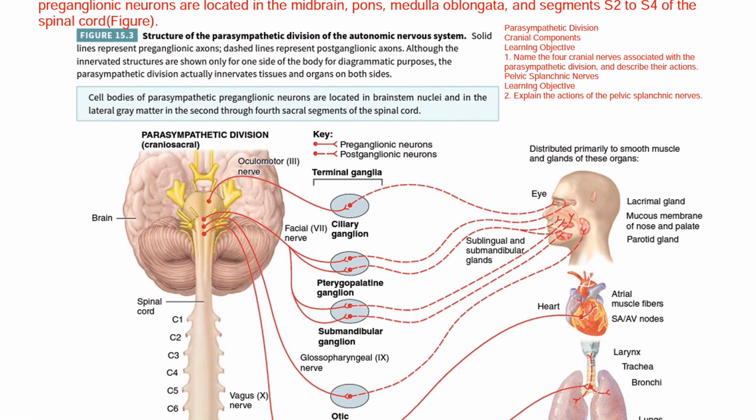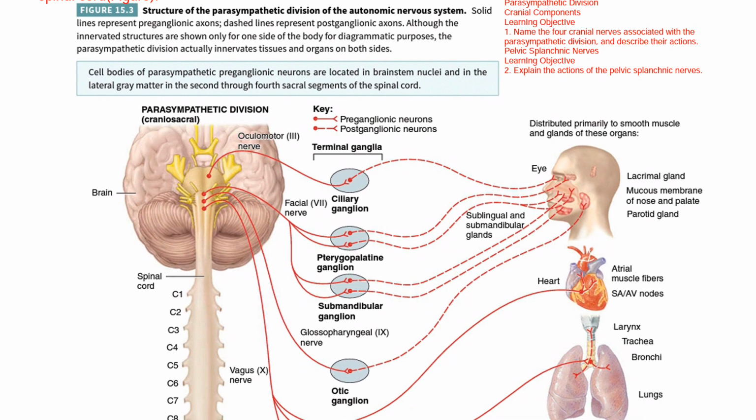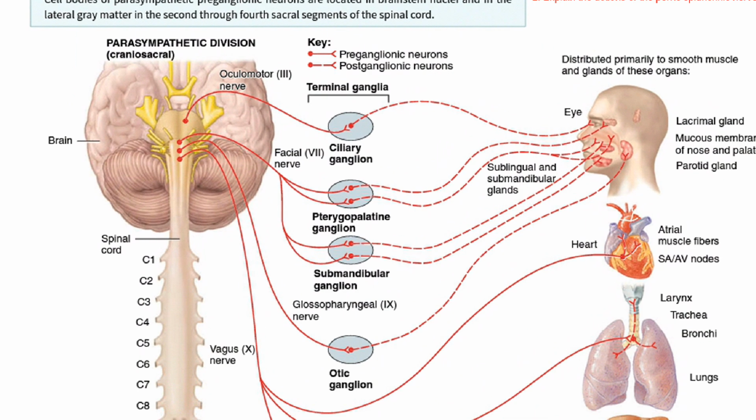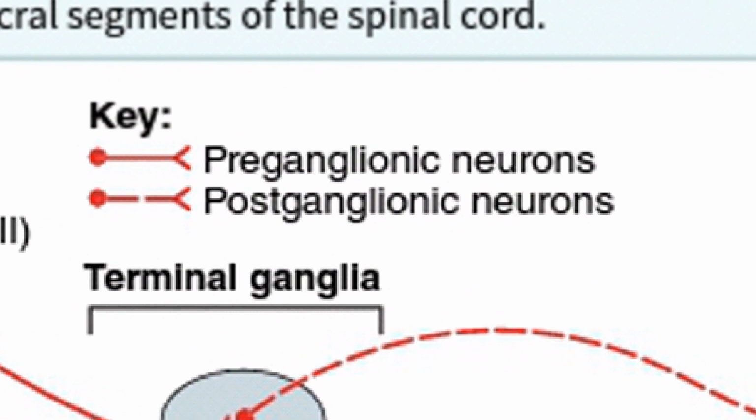So here is the figure. This figure is showing the entire autonomic nervous system parasympathetic division, and you observe this closely, read all the names. Okay, and here the key is given.